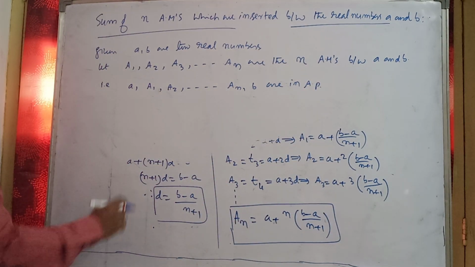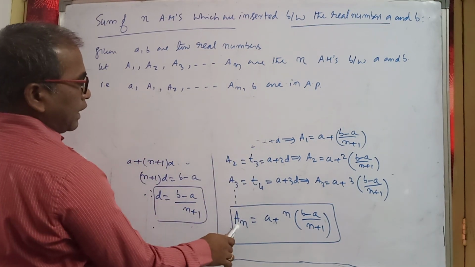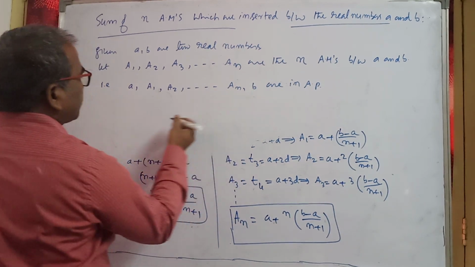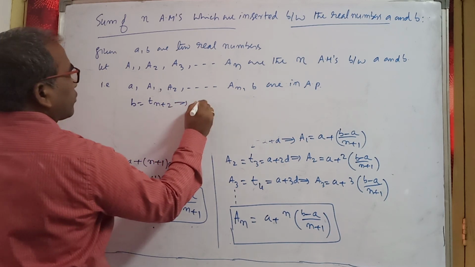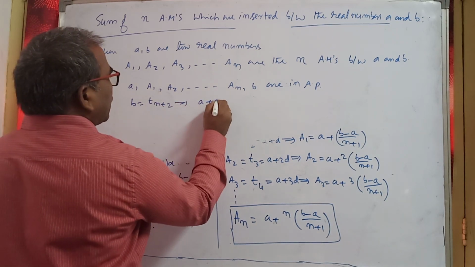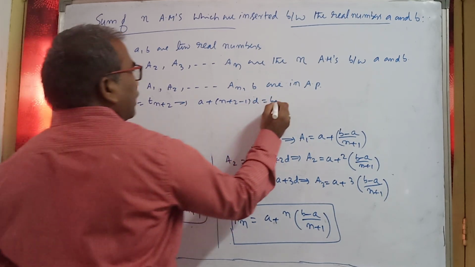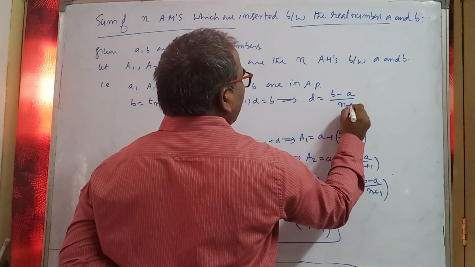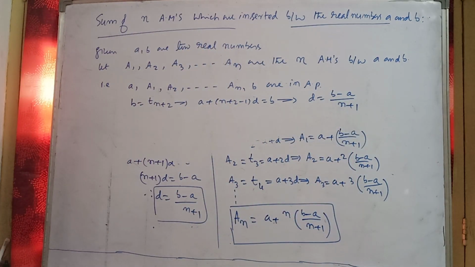So we want to find a1 plus a2 plus ... plus an. Now b is the last term, so b is the n plus 2th term. From this if you calculate, you will get the d value. d is nothing but (b minus a) by (n plus 1). Already we calculated that here.